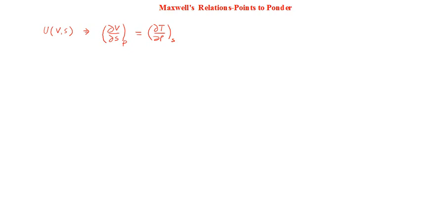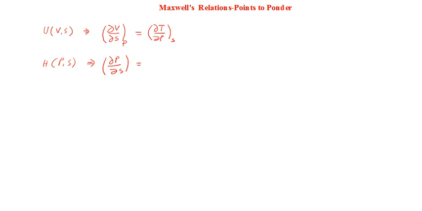Now the second one, H, enthalpy. Natural variables were P and S. So we obtained the second equation, which was written as dou P with respect to dou S. You can see this one: V and S, going on comparing the parent thermodynamic potential and the Maxwell's equations.